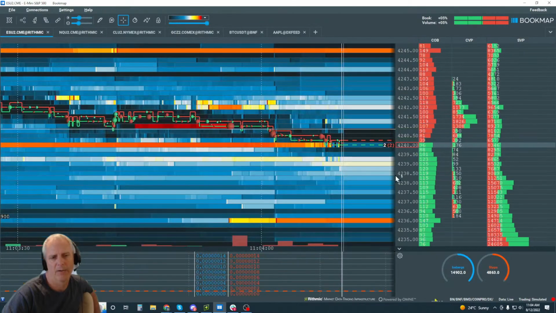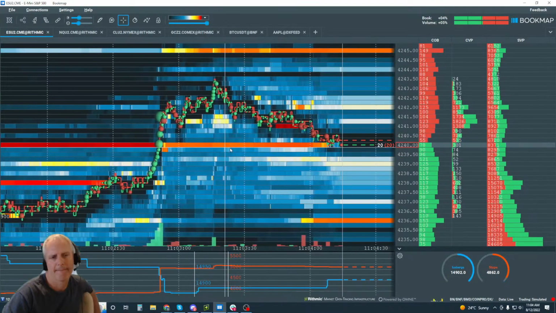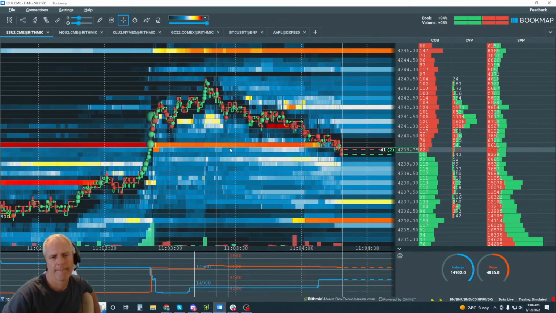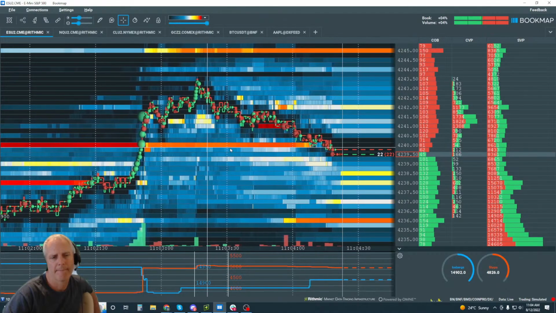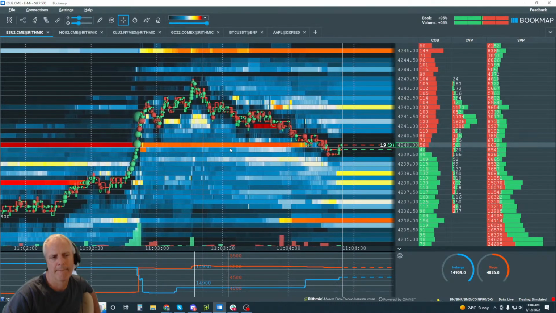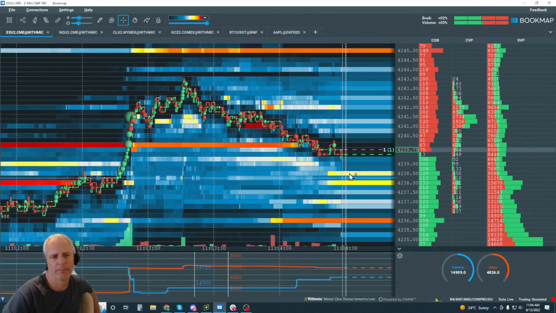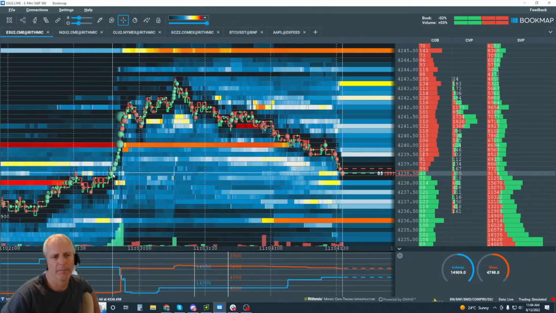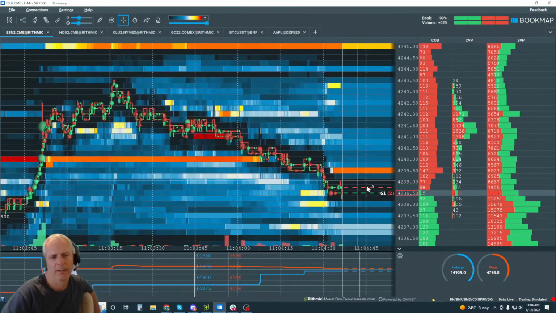They actually kind of pull. So where are we finding buying interest? Well, we see it coming in here, and we're looking for this potential move down to here. Okay, well, we got it.